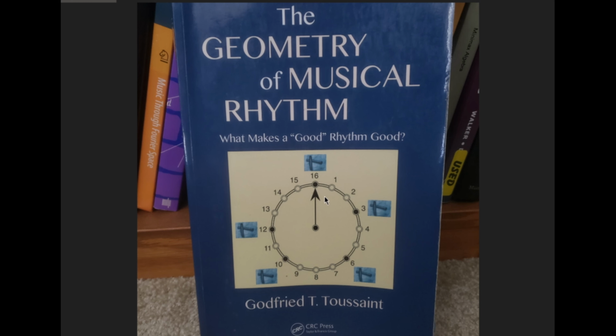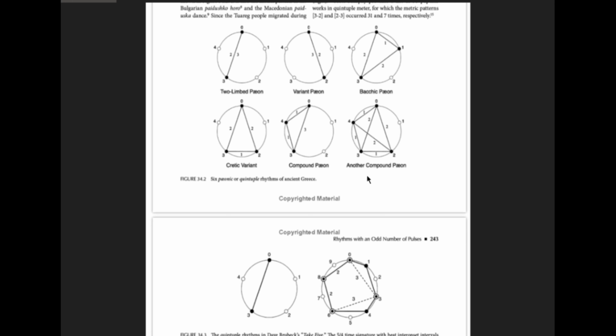In fact, when we look in there a little bit, here's one of the pages, taken from a preview online of what's in the book. Mine's all written in, so it'd be quite a mess to try to share that. Looking at this instead, we can also see some polygonal graphs, or what he calls polygonal notations, of rhythms.